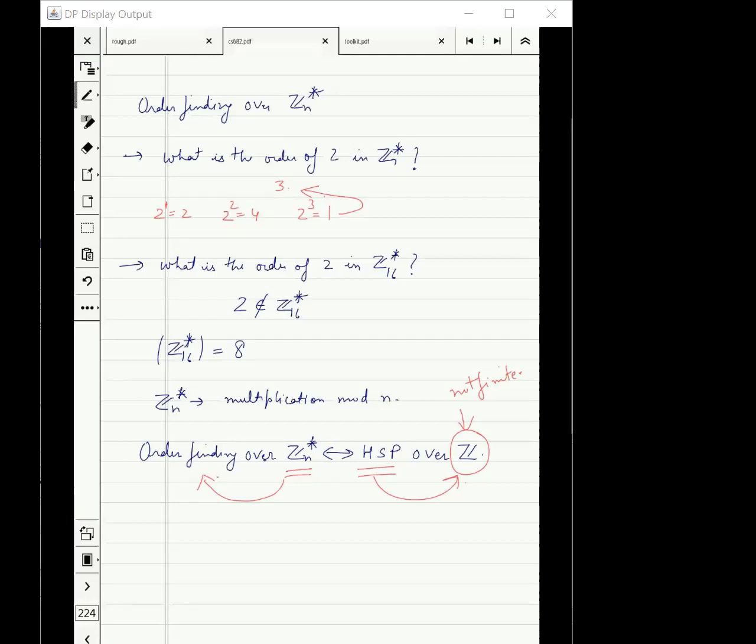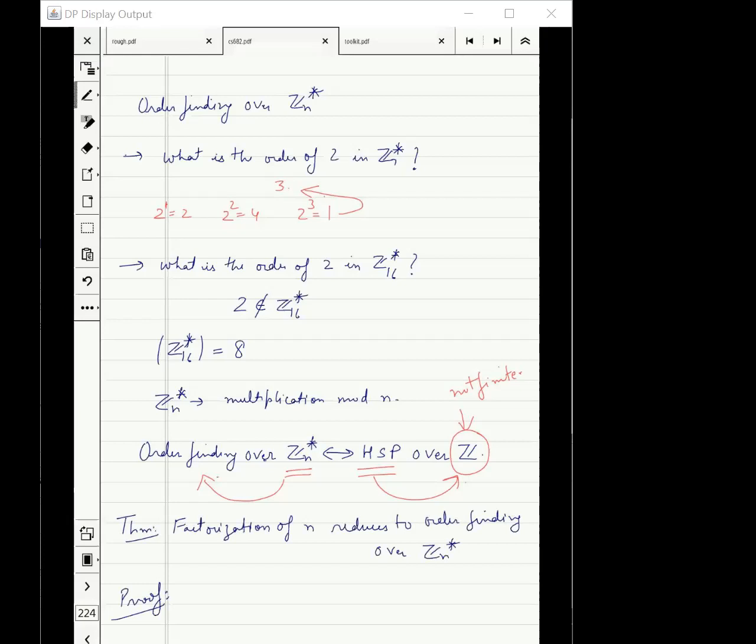What did the theorem say? Factorization of n reduces to order finding over Zn star. And how will we prove this? Given the definition of reduction, what are we supposed to do?